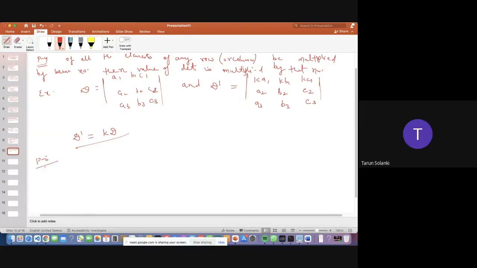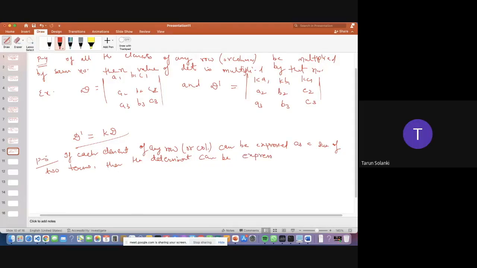Next is property fifth. If each element of any row or column can be expressed as a sum of two terms, then the determinant can be expressed as the sum of two determinants.